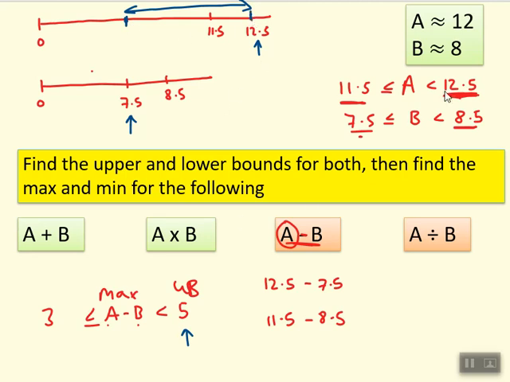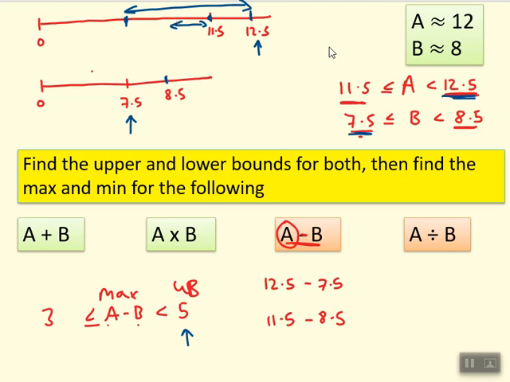So that's why if you do the upper take away the lower, that's the biggest possible difference. And if you take away the upper of the other one from the lower, you get the shortest possible distance in the middle. So that's what's going on: it's working out the gap between where they are on the number line.